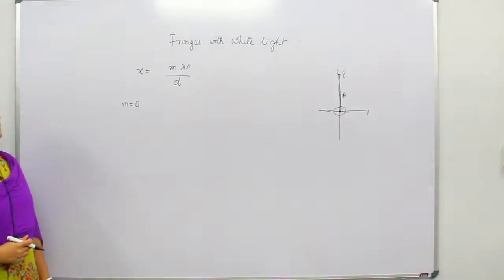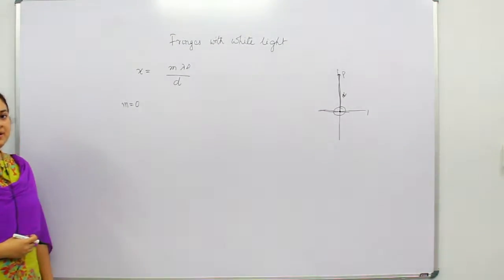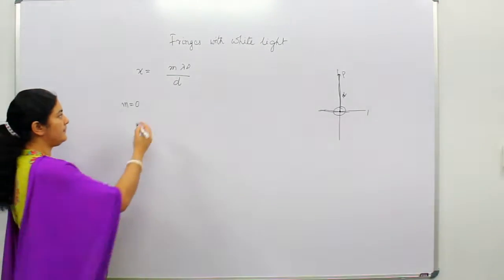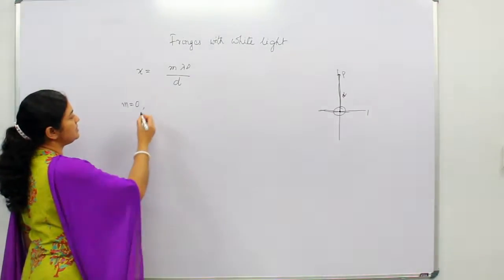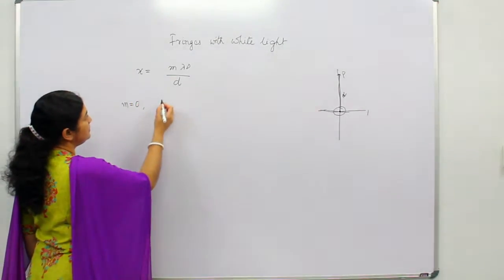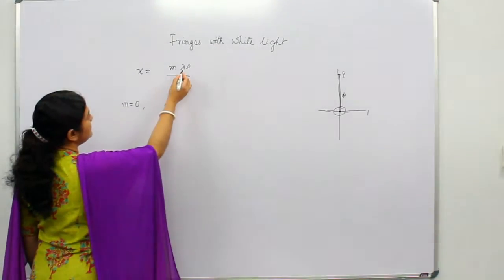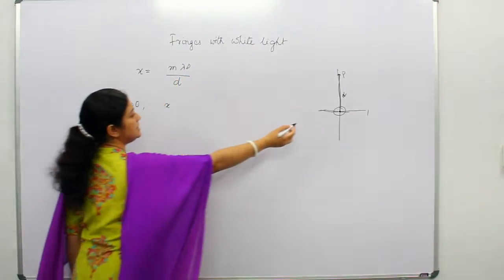If we use white light, which is a combination of all the wavelengths, then at m equal to 0, we get x equal to 0, that is the central position.